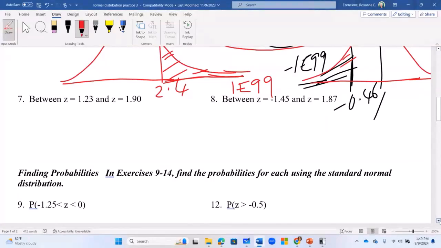Because it could be that even though she made a 75 in math, she could have made the best grade. Even though she made a 90 in English, probably everybody in the class made 100, and 90 could be one standard deviation below the mean.